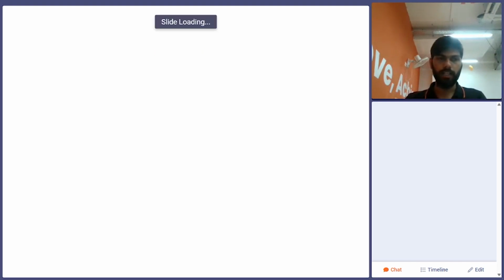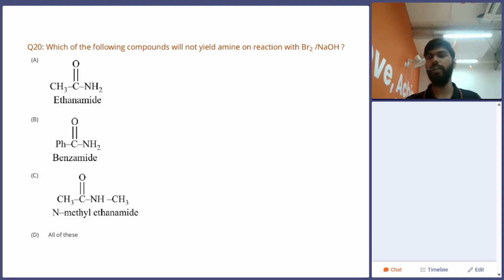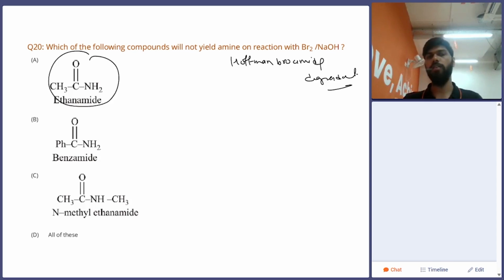Direct. Next. Which of the following compound will not yield amine on reaction with the Br2 NaOH? See, this is Hofmann bromamide degradation reaction. So see, CH3CONH2 gives CH3 NH2.